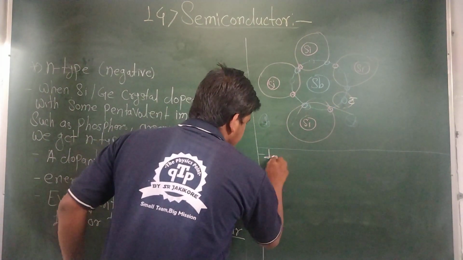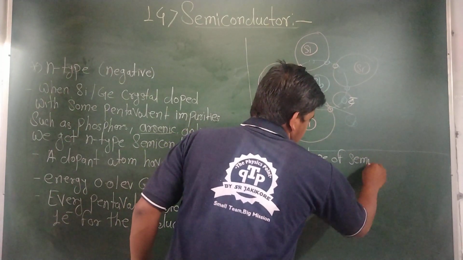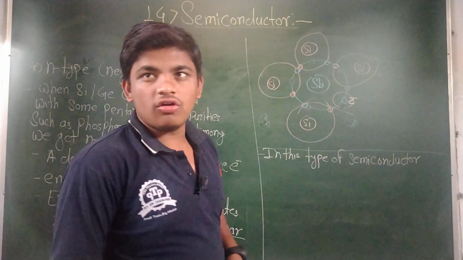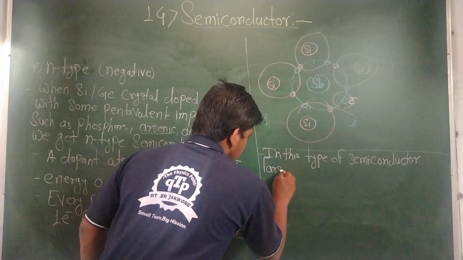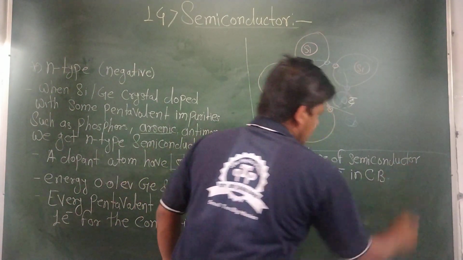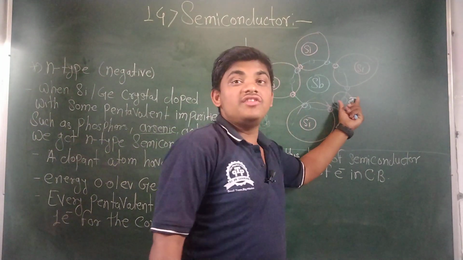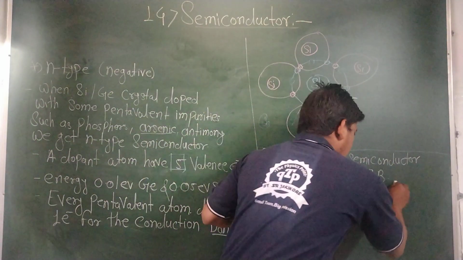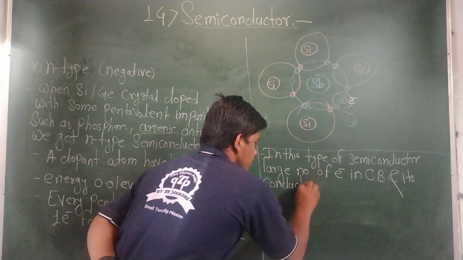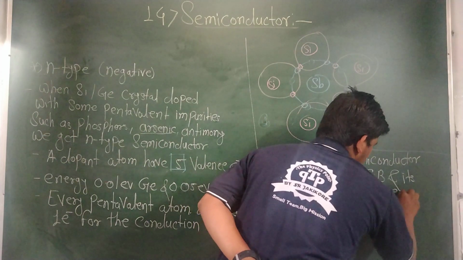In this type of semiconductor, the large number of electrons in the conduction band, and its conductivity is due to the negatively charged electrons.